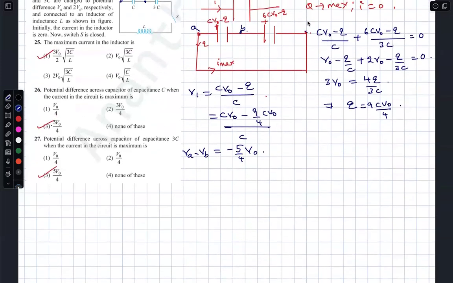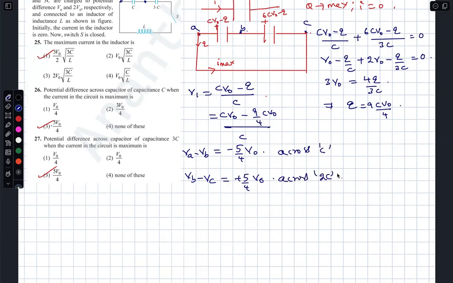Let this be C. What is VB minus VC? VA minus VC must be 0. So this is plus 5 by 4 V naught. No calculation required. Across C.